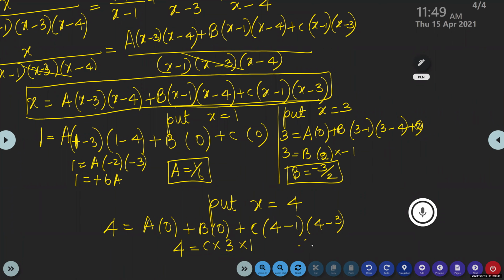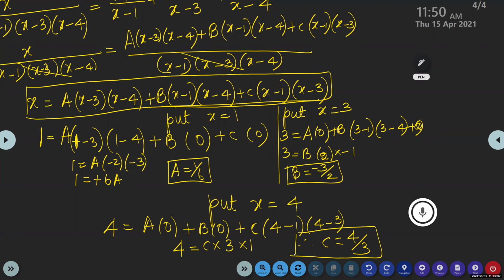Therefore, what is the value of C? Minus 4 by 3. Aishwarya, can you repeat it? Will you be getting minus? No minus, isn't it? No negative term. 4 minus 1. 4 by 3. C is 4 by 3.